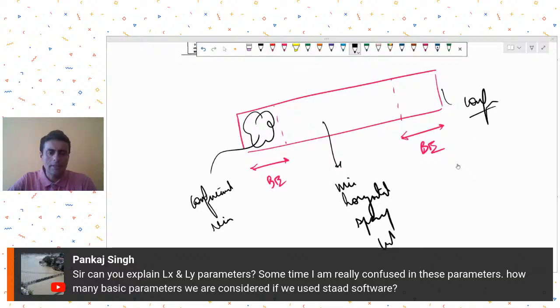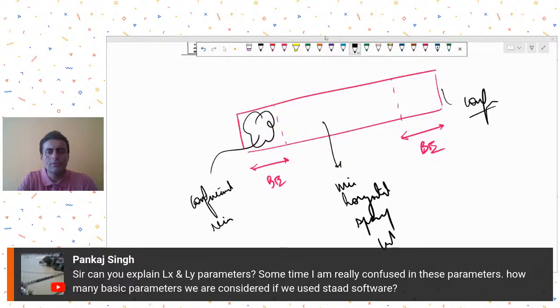Engineer Pankaj Singh is asking, can you explain LX and LY parameters? Sometimes I am really confused in these parameters. How many basic parameters we have considered if we use STAAD software? See, explaining this will take time. So maybe you could refer some YouTube videos.